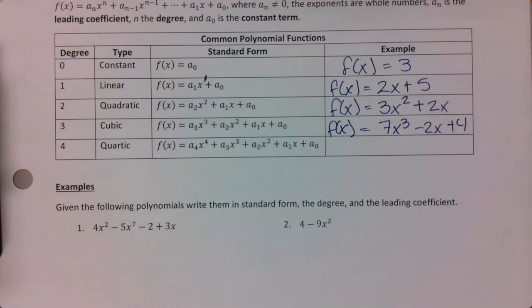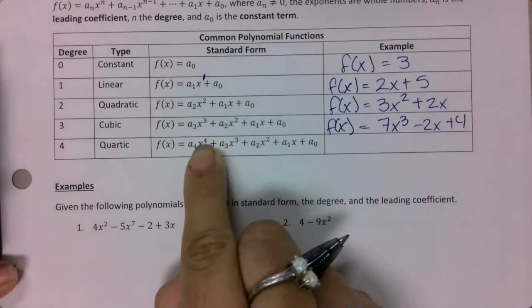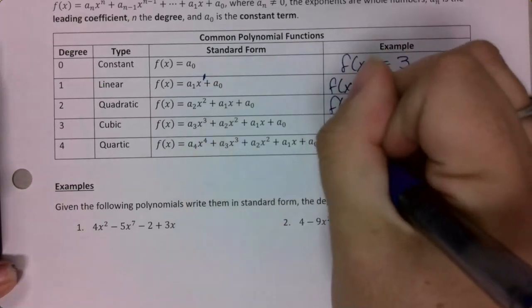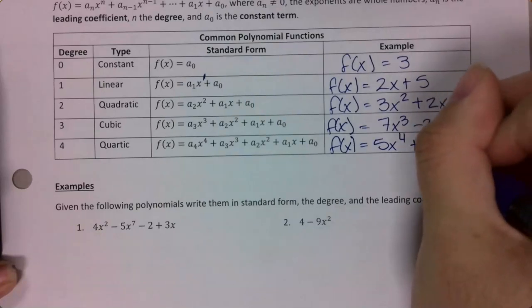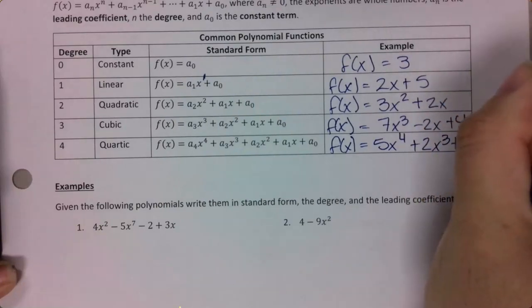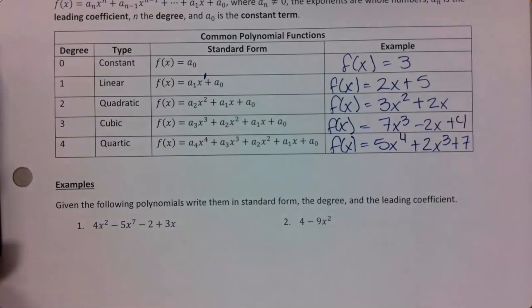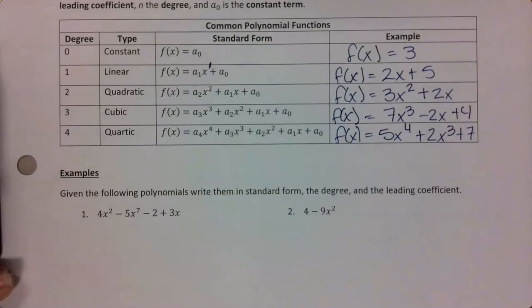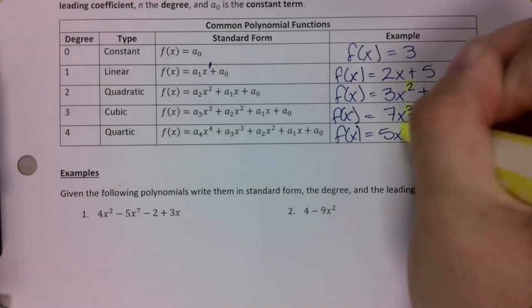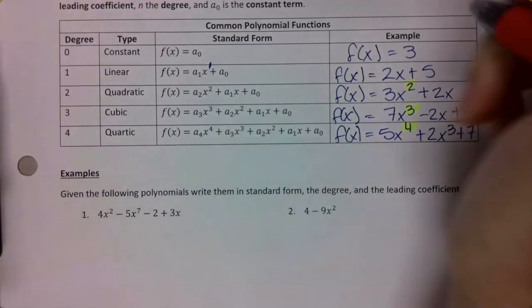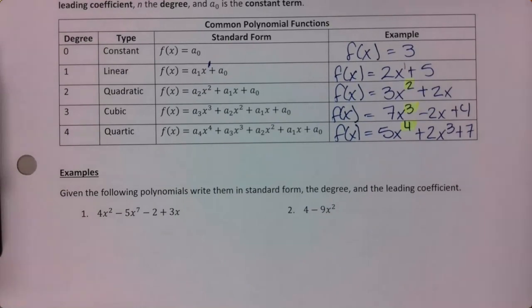It's called a quartic polynomial. Notice my highest exponent is again 4. So an example of this would be 5x to the 4th plus 2x cubed plus 7. And the important thing when I'm naming by degree is the highest exponent. So the 2, the 3, the 4, and then this one has a highest exponent of 1.